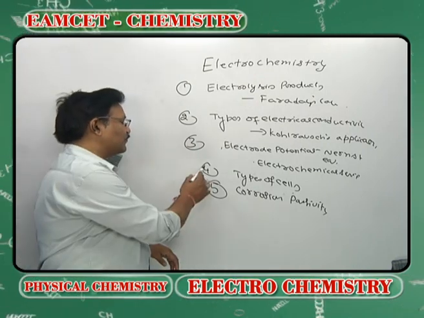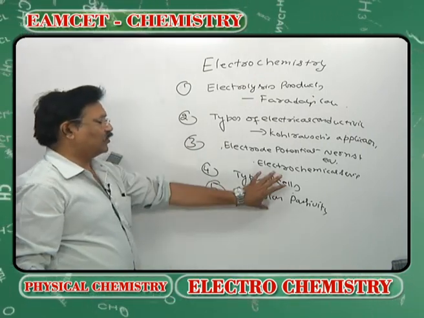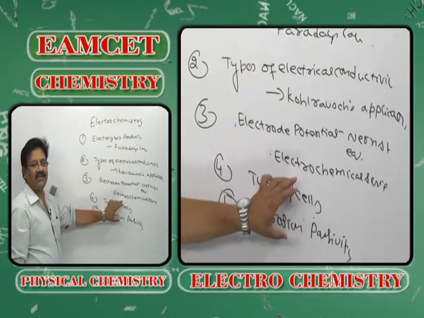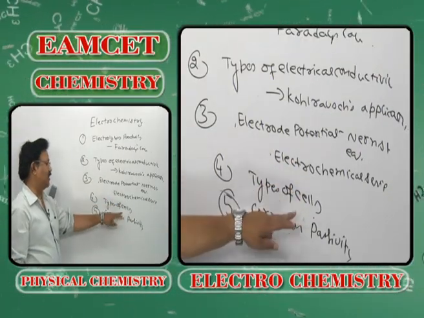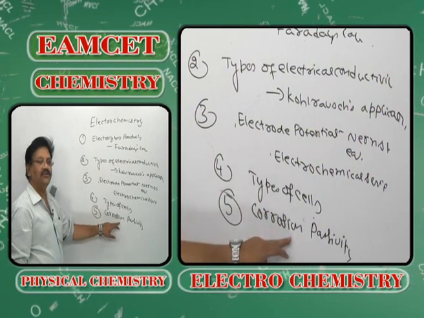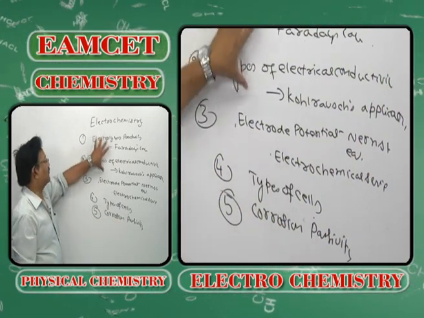For the 4th and 5th topics, types of cells and corrosion and passivity, we can expect only theoretically based questions.